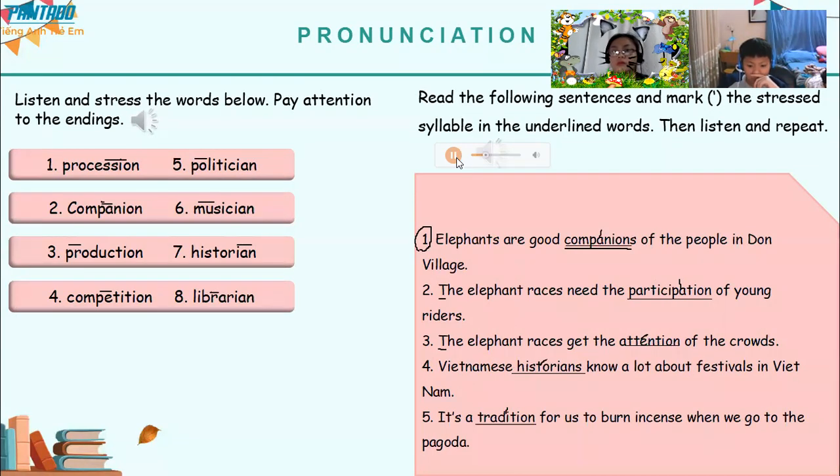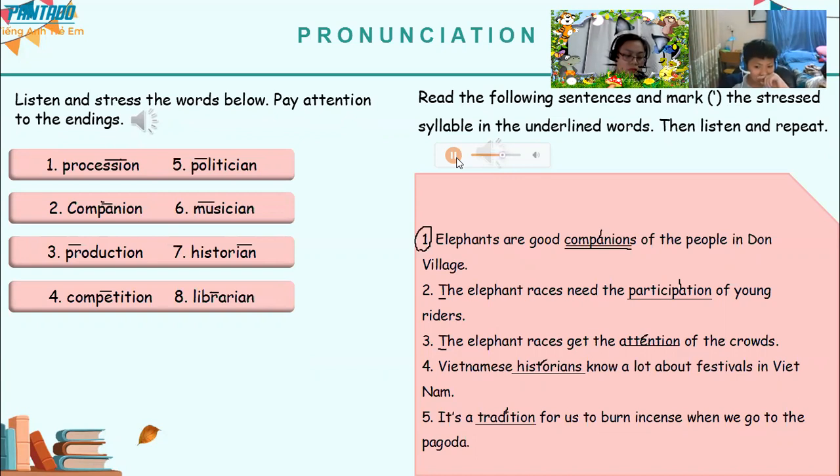1. Elephants are good companions of the people in Don Village. 2. The elephant races need the participation of young riders. 3.